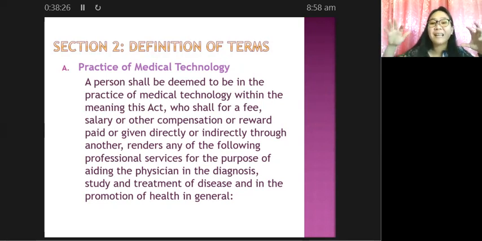Yes, it is the amendment that becomes applicable. Whatever provision is stated in a section, a clause, or a paragraph of your RA 5527, if it has already been amended, that section is not applicable.